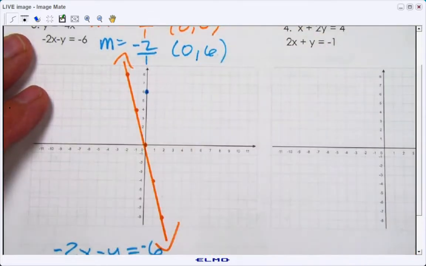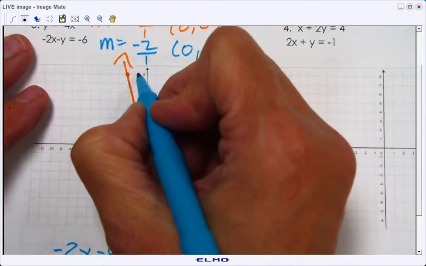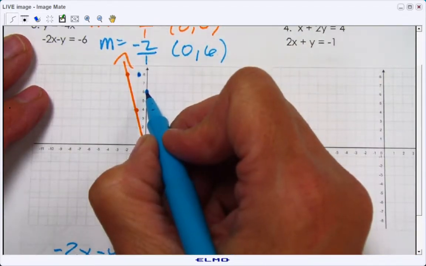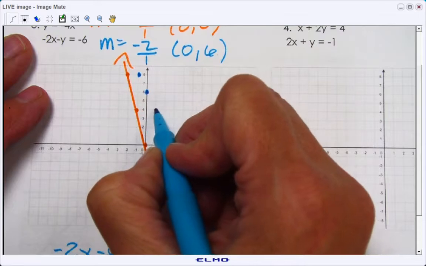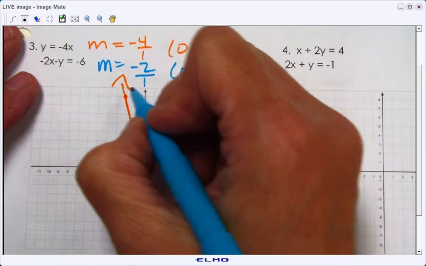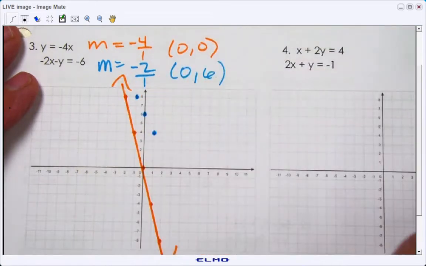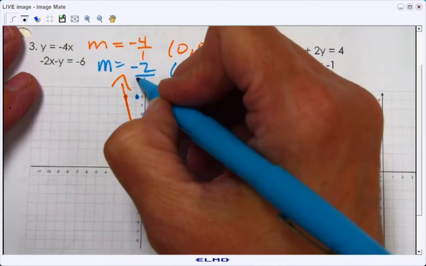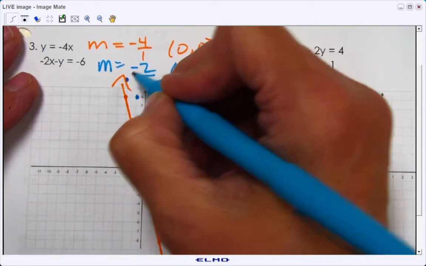So I go up to 6. Remember, this is over 1. I can go up to over 1, down to over 1. Oh, look at this. It's going to run into each other up here somewhere, isn't it? Where it's not on the graph. So up to and over 1.